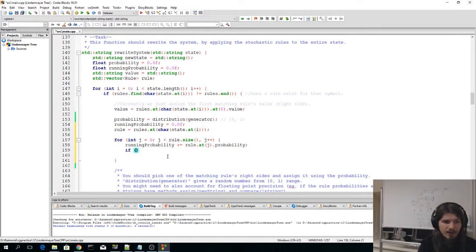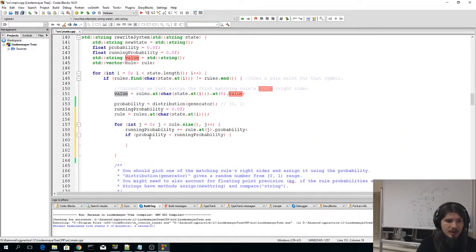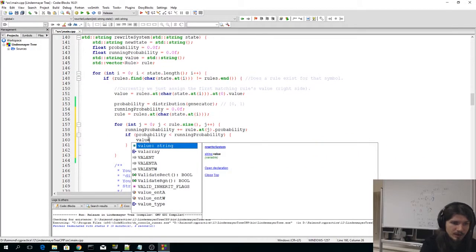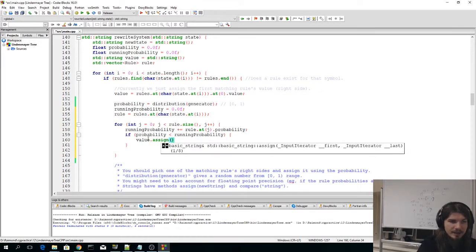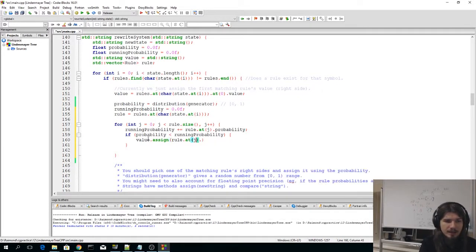And now if our probability, the dice roll we had, was less than the running probability, then we know that this is the rule we want, and we can assign to value the current rule. So like value assign and the rule at the J, so this is the rule that we currently checked, and its value, which is the string value we need to use to replace the current char value.